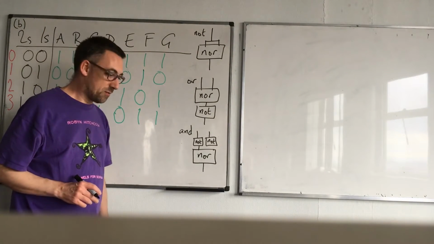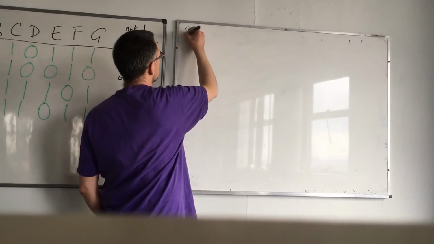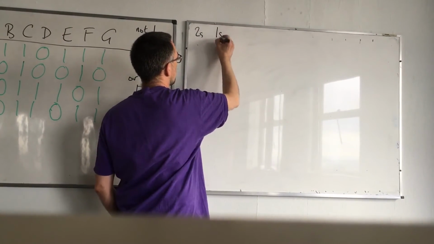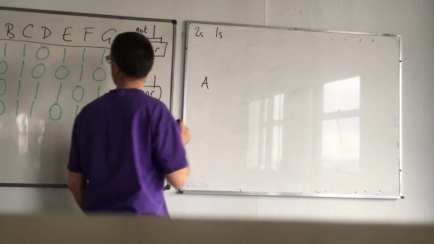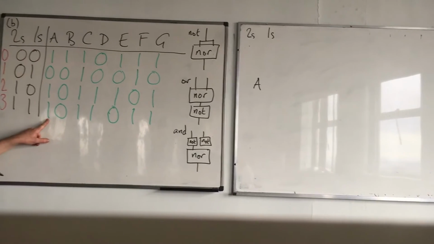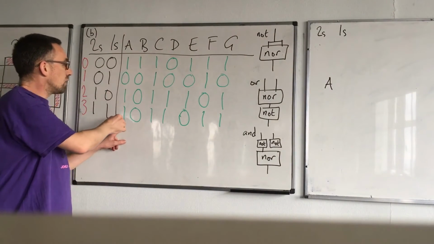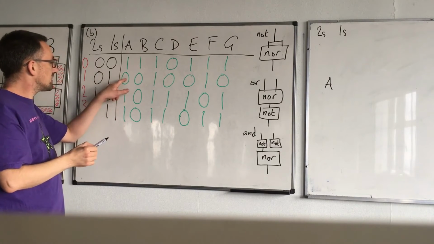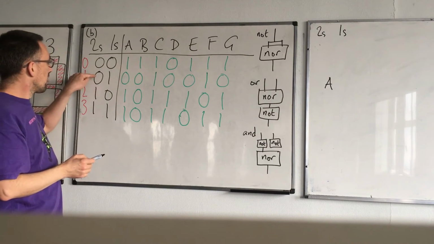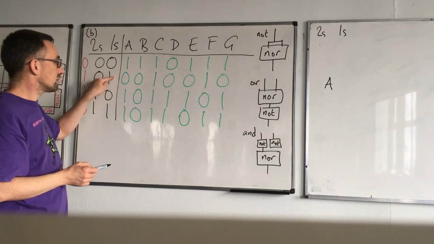Let's take them one at a time. How will we make the signal for A? Well, let's look at what we have. We are supposed to deliver a 1 at all times except when we have 2s being 0 and 1s being 1.